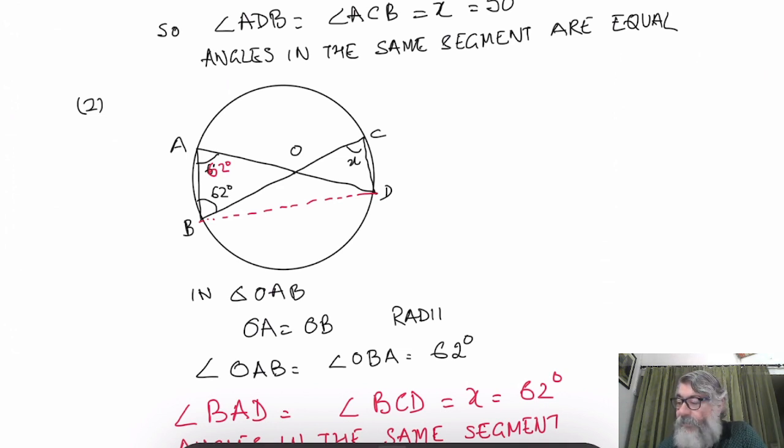And if angles are 62, then I would say that angles in the same segment of a circle are equal. So here the use of the center was not applied for angle in a semicircle, but here we use the property of angles in the same segment of a circle are equal.